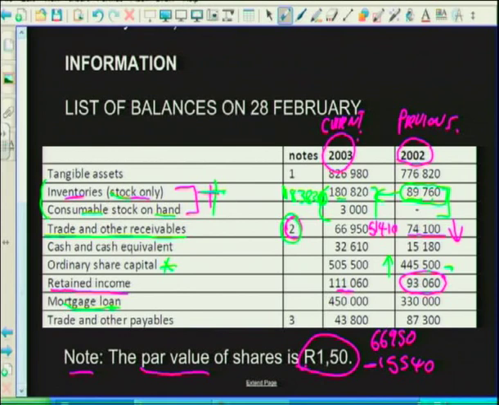Again, we are comparing 2002 to 2003. In 2002, our mortgage loan was sitting at 330,000. In 2003, there's obviously been an increase, because from 330,000 it's now become 450,000, which means we borrowed more money during the course of the year.